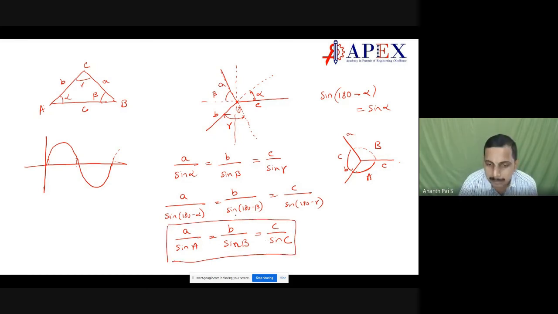Observe that. Let me put it proper here. If you observe here in this fashion, students, there has to be a bit more derivation. I have not done that derivation.